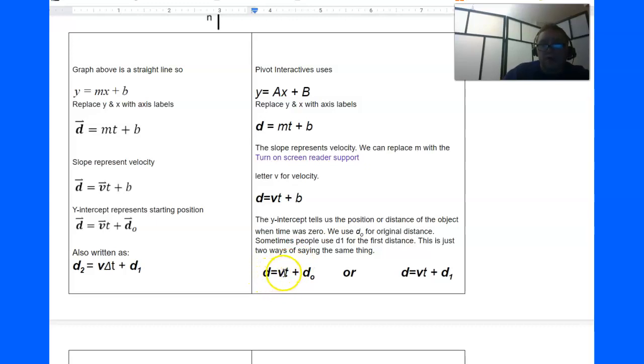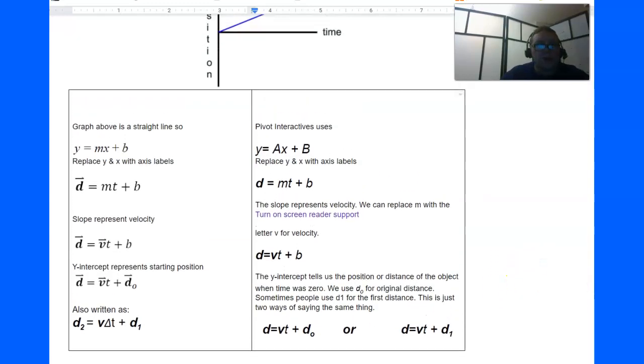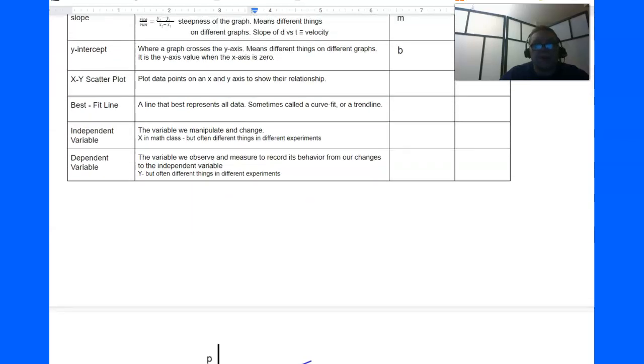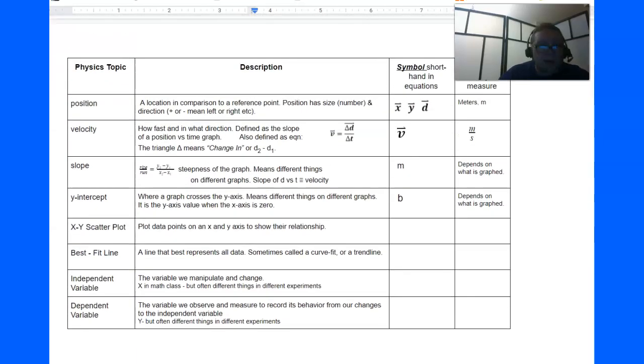That's y equals mx plus b, but instead of y, we have d, and instead of x, we have t. The slope, the steepness of the line, represents the velocity. And the y-intercept, where the x-axis is 0, is the original position, or the position that the object started at. Those are the sorts of things that we're trying to get from that stuff.